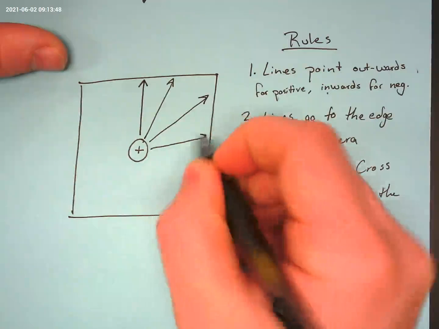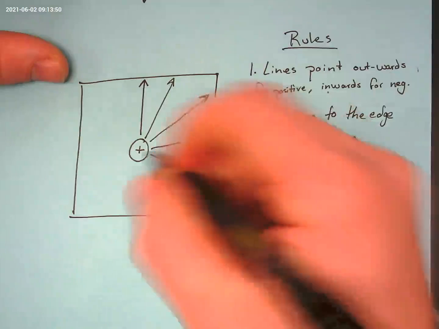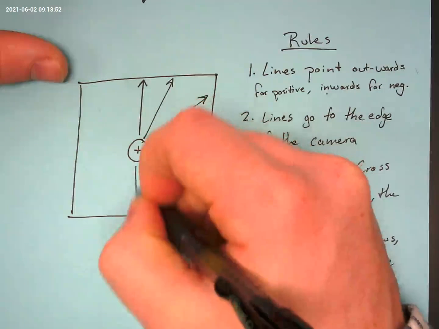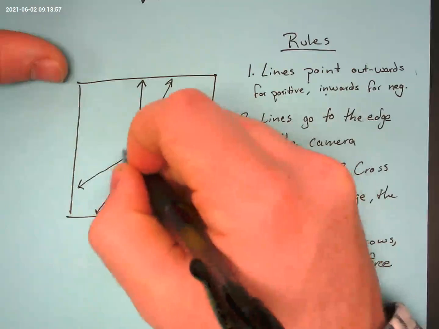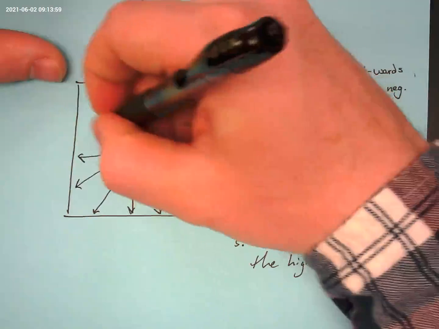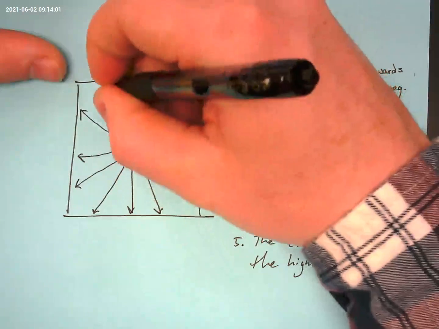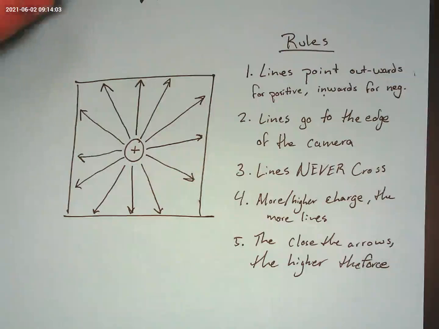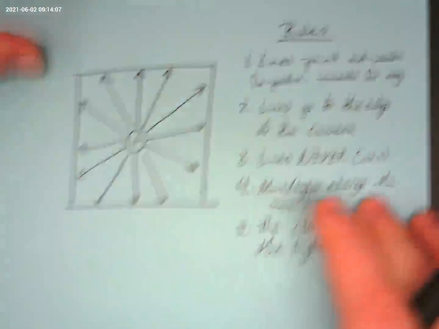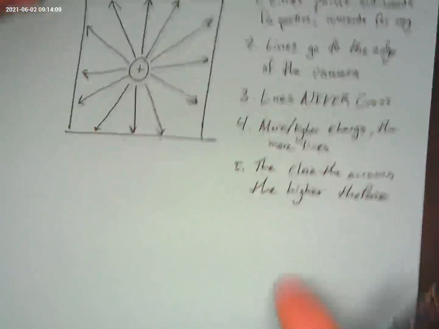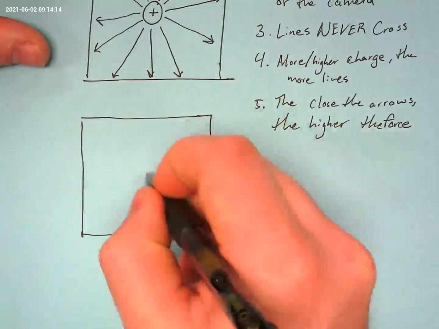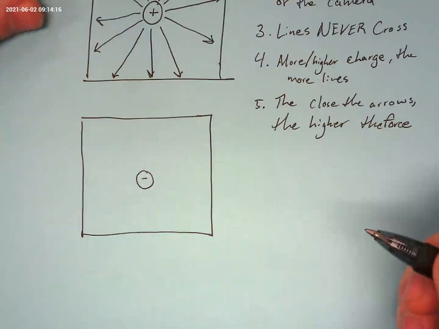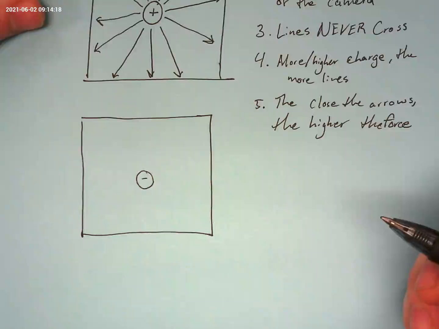It's not terribly precise, but the things we have to get right are the directions that the forces will move and how the field will bend around these objects. We have to fill up the space, the little box here, and make sure the lines never cross. So that's the positive. Let's try a negative. Go ahead and give it a go.